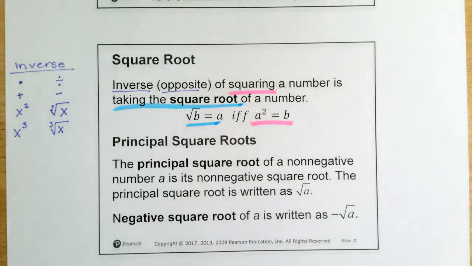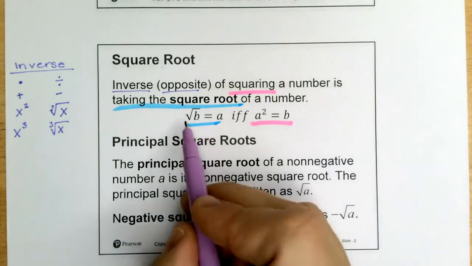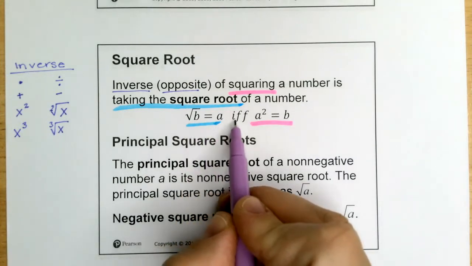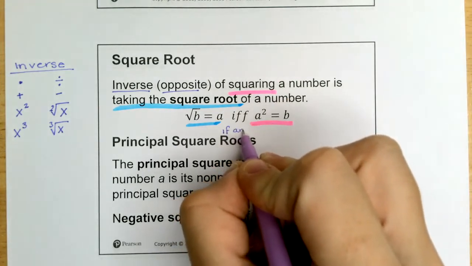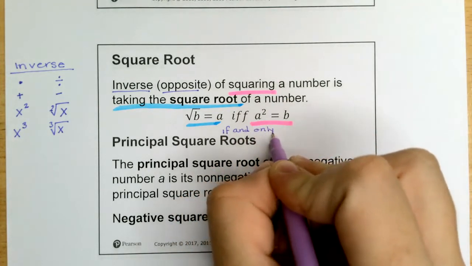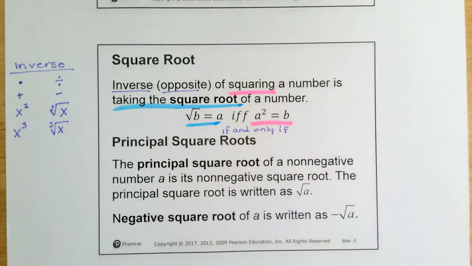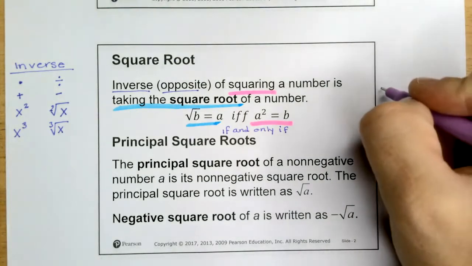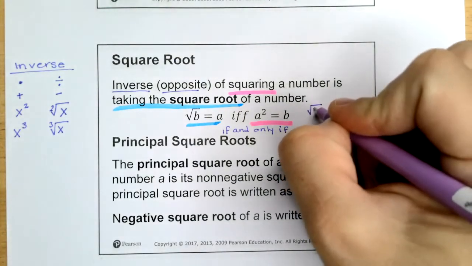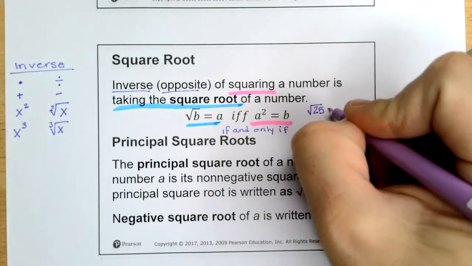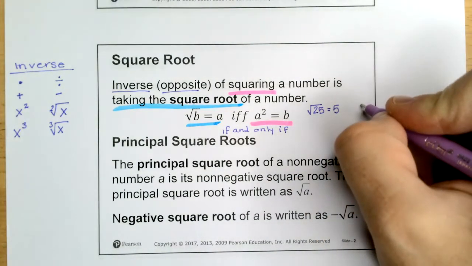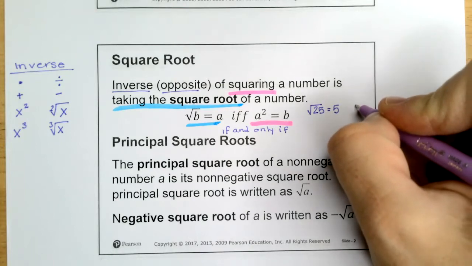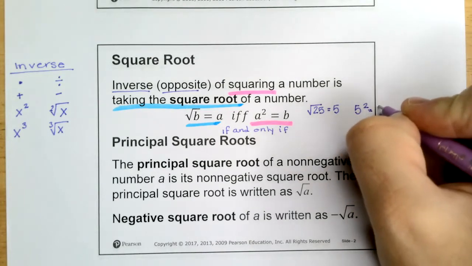What this says is the square root of b is equal to a if and only if a squared equals b. So for example, the square root of 25 is 5 if and only if 5 squared equals 25.